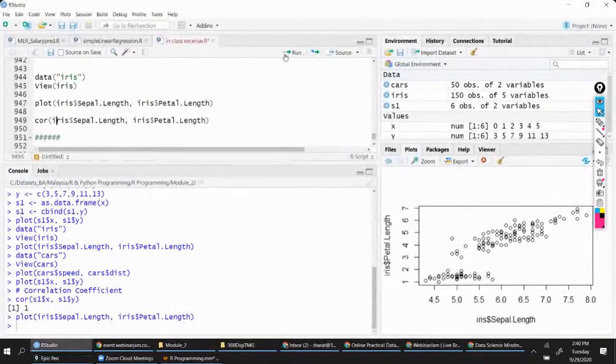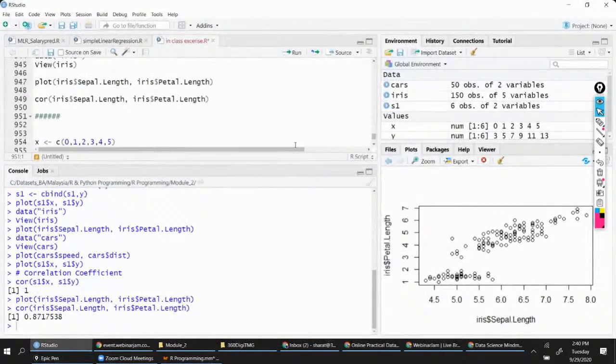Correlation between x comma y says 0.87. I'm taking only 2 decimals. How do I interpret this relationship between the sepal length and petal length?